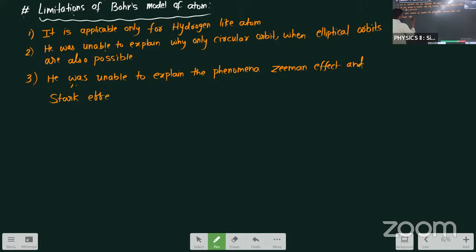I hope you know what the Zeeman effect and Stark effect are. You might have studied them in your chemistry classes. The Zeeman effect is related to the magnetic field, and the Stark effect is related to the electric field.